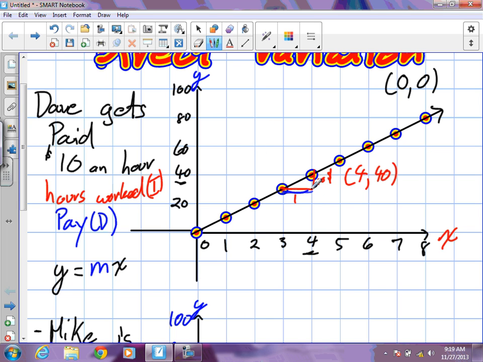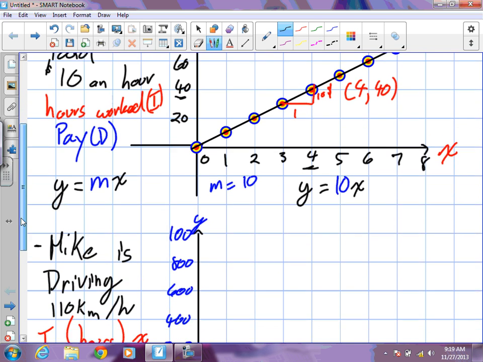What was our value? 10. We were going up by 10 every single time. So our m in this case is equal to 10, which means our equation is y equals 10x.